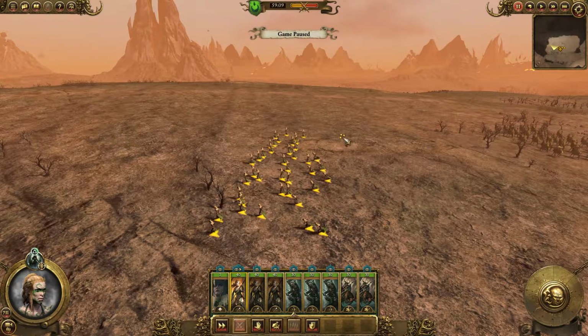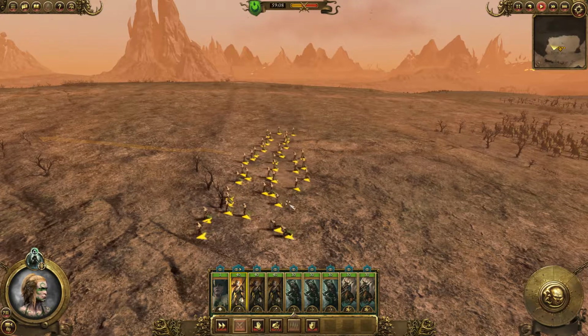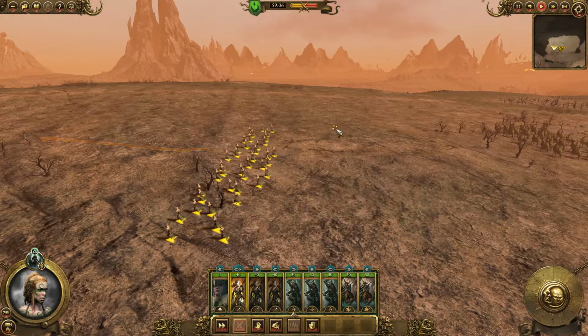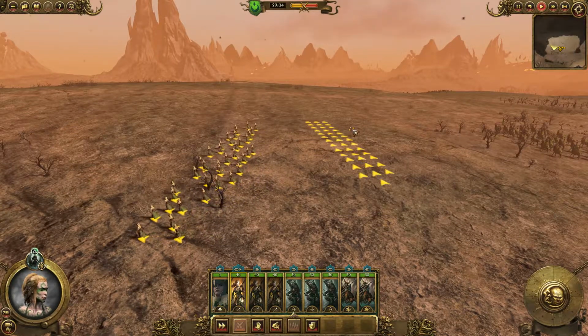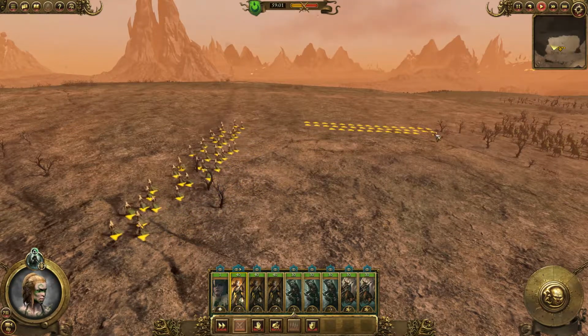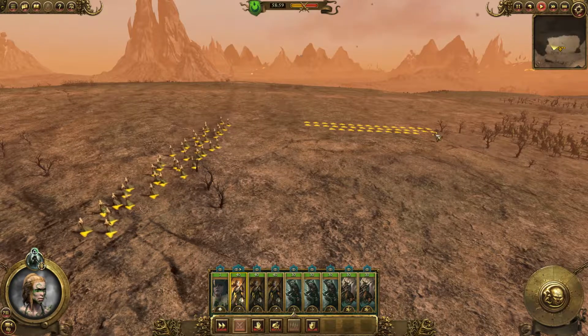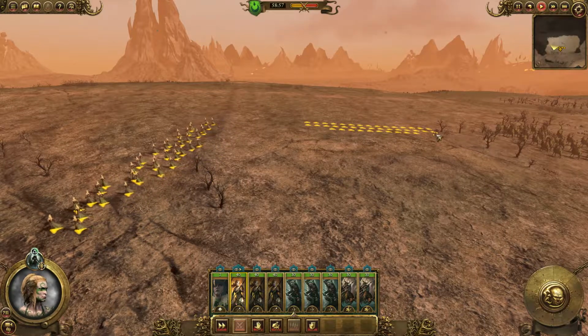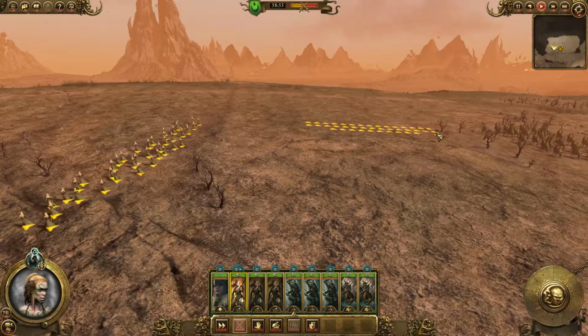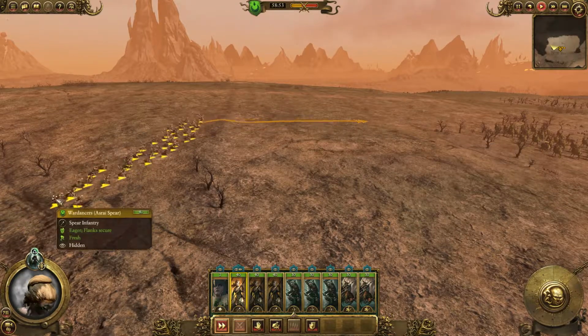Again, let me unpause it. So if I click over here, if I want to move them here, it would make sense for one of the soldiers in the bottom left to be up by the top left. So I'm just going to follow this one.